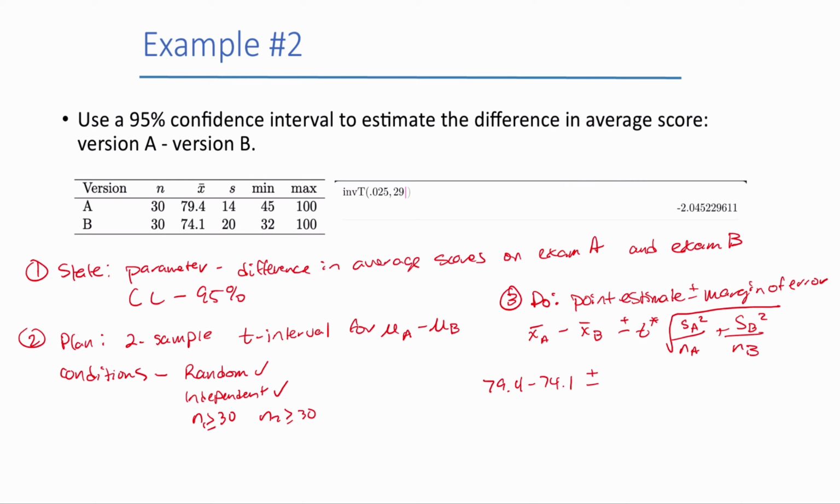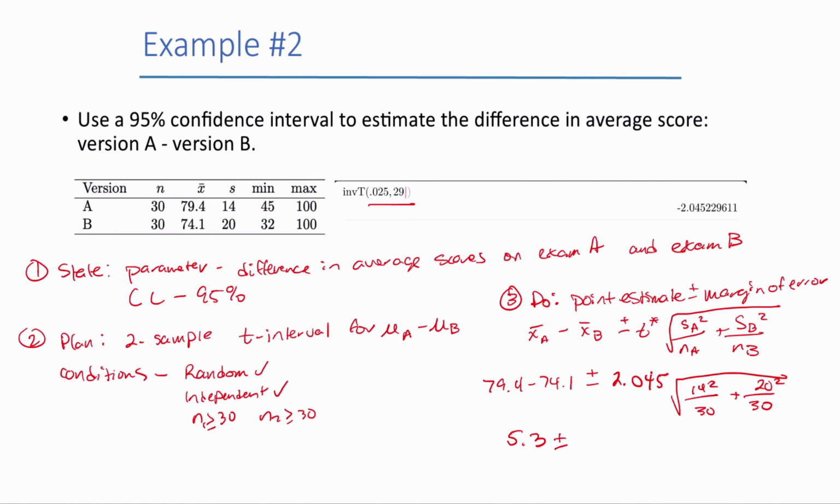We're going to do the inverse t with 29 degrees of freedom. And so that's 2.045 times the square root of 14 squared over 30 plus 20 squared over 30. And so our difference in the x bars is going to be 5.3.